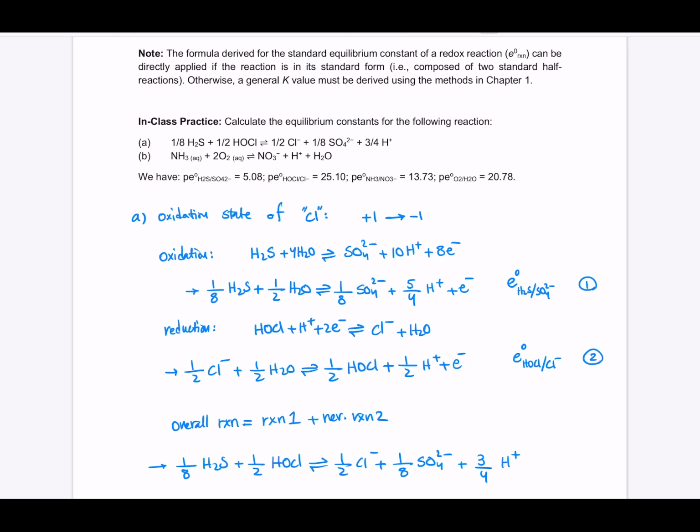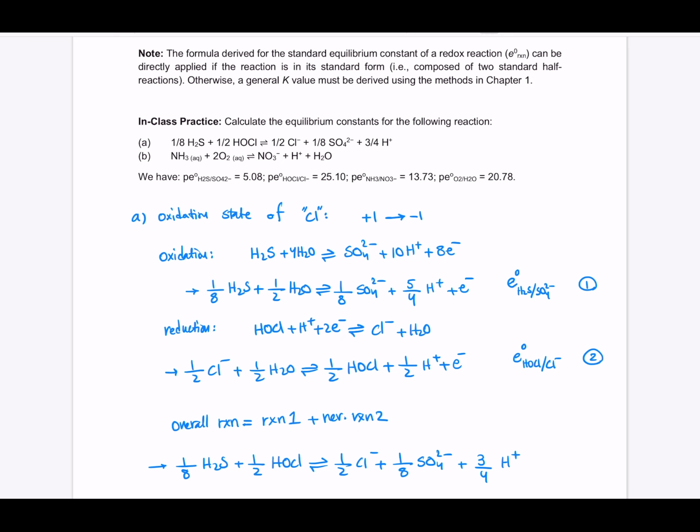But chlorine's oxidation state has reduced, right? Plus 1 to minus 1. So it's reduced. Generally, a reduction in oxidation number is reduction.